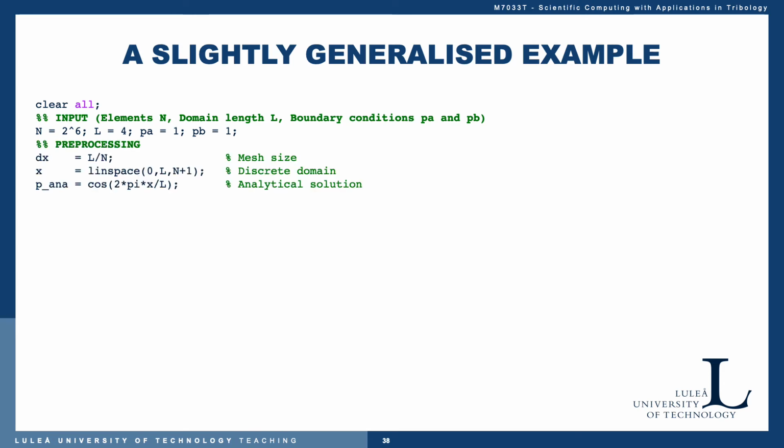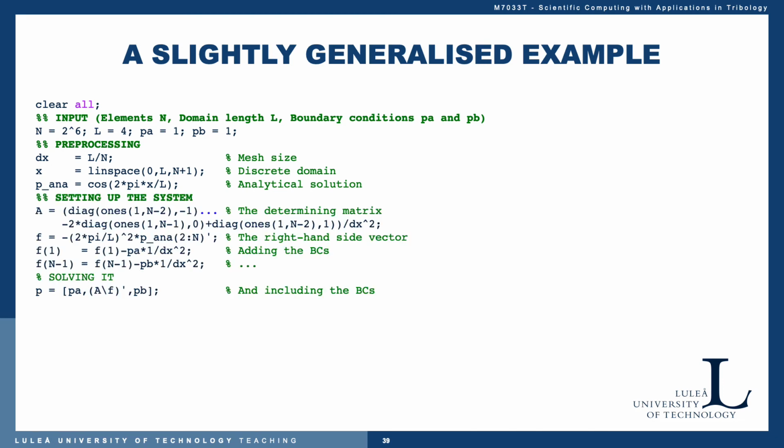Then we pre-process this data, so we define delta x, the mesh size, as just L over n, and then we define the discrete grid with the use of the linspace operator. We recall that we now have n plus 1 nodes, since we have n elements. And then we compute an analytical solution, because we know that the analytical solution to this problem is just cosine 2 pi x over L.